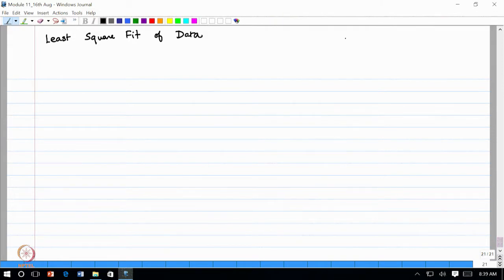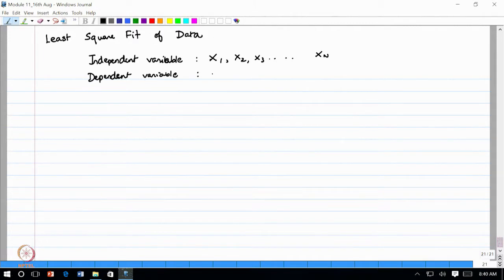For example, if you have a table of data, you have let us say the independent variable, x 1, x 2, x 3 up to x n, and you have a dependent variable that you measure, y 1, y 2, y 3 up to y n.